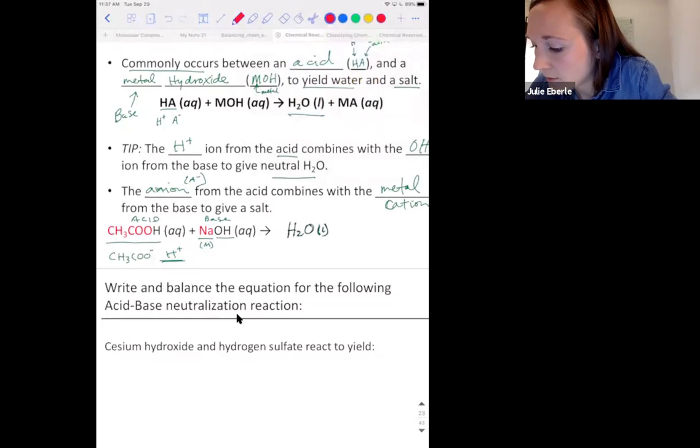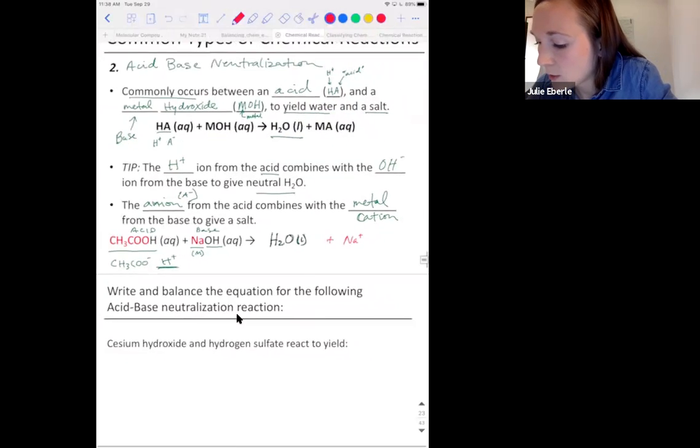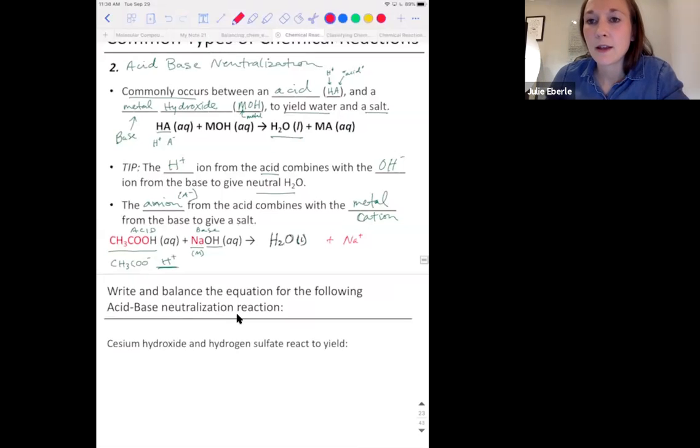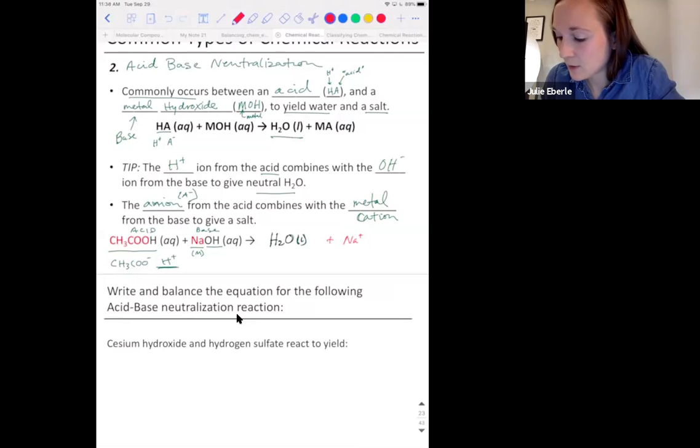Let's go to red. Now we're going to pair up the things in red. So I have a sodium cation. And then what is CH3COO? That's acetate. That's an anion from our polyatomic list. And people write it different ways. Sometimes you see acetate written as C2H3O2. Sometimes you see it written here, CH3COO. Sometimes you see it written as CH3CO2.